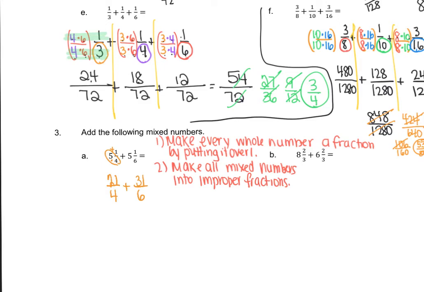Now I'm going to go through the process I used up above, because I'm at the same point that I was up above. It's just adding one step. I'm going to set up my parentheses. I'm going to bring the 4 over, the 6 over.